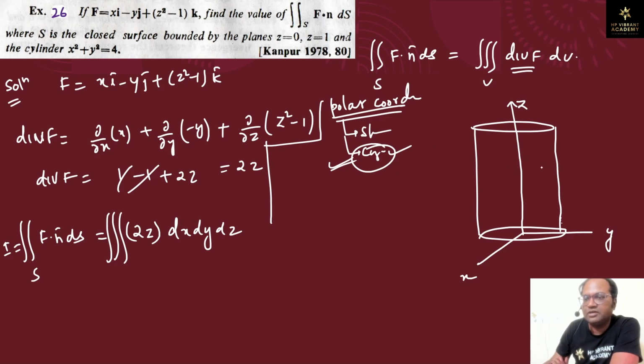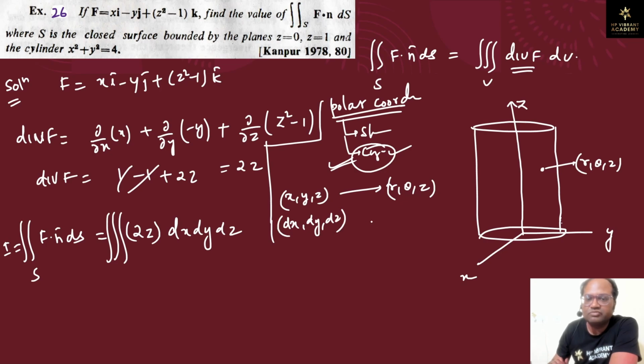Any point under this cylinder can be represented as r, theta and z. So we have the transformation from Cartesian coordinates x, y, z to r, theta and z, and the differential dx, dy and dz is transformed to dr, r d theta and dz. So the product dx dy dz will be r dr d theta dz.